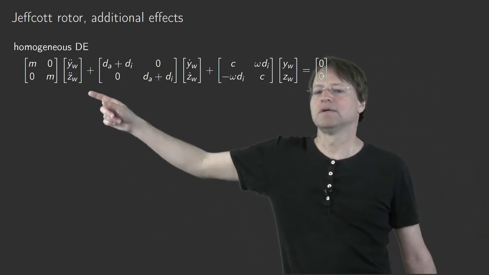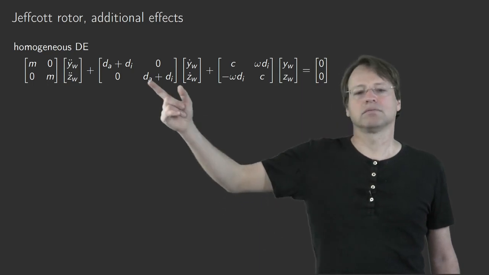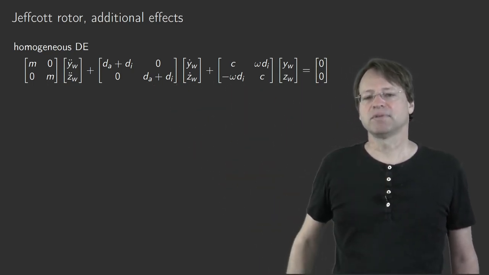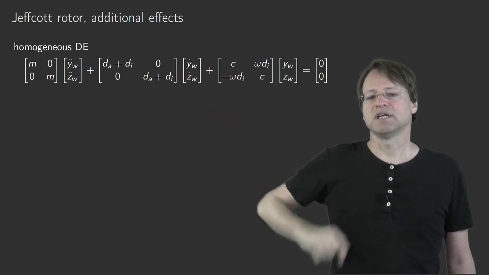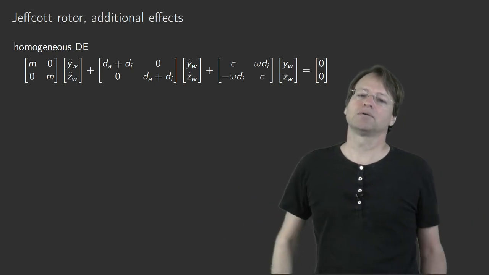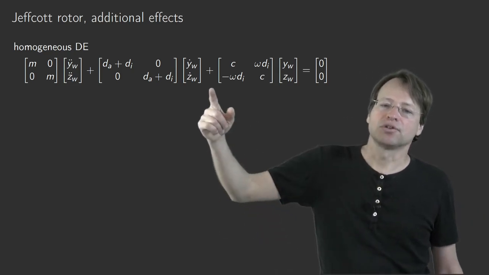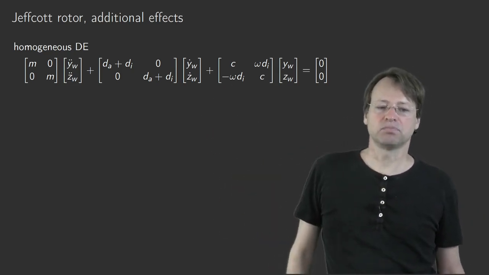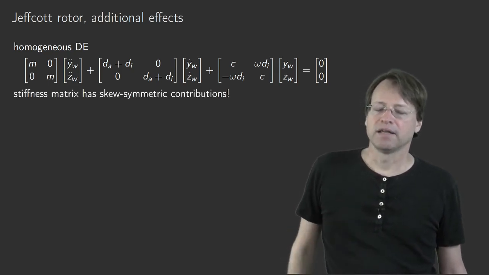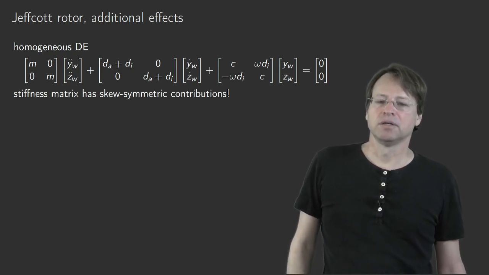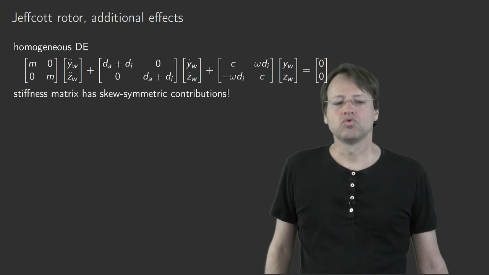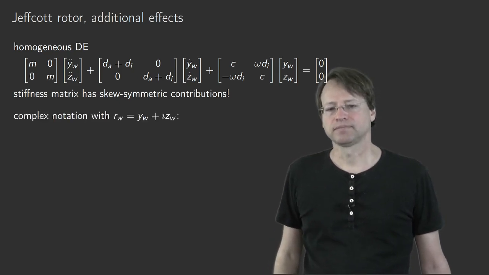As I said, we have a diagonal mass matrix, we have a very nice diagonal damping matrix, and we have that stiffness matrix that is composed of a symmetric contribution and a skew symmetric contribution, and these off-diagonal terms tend to increase with increasing rotational speed. Now, in order to study the eigenvalues of that equation, I will simplify things by moving again to a complex notation.